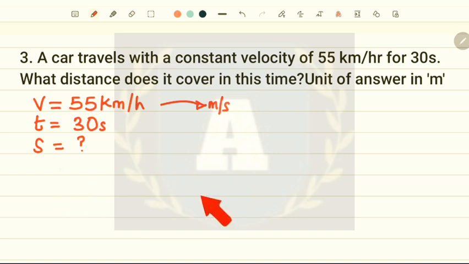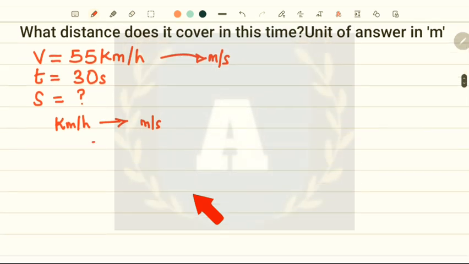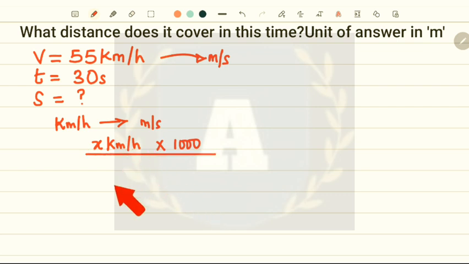To convert, the value which was initially in kilometers per hour, you multiply by 1000, that is kilometers to meters, then divide by 60 multiplied by 60, that is hour to seconds.